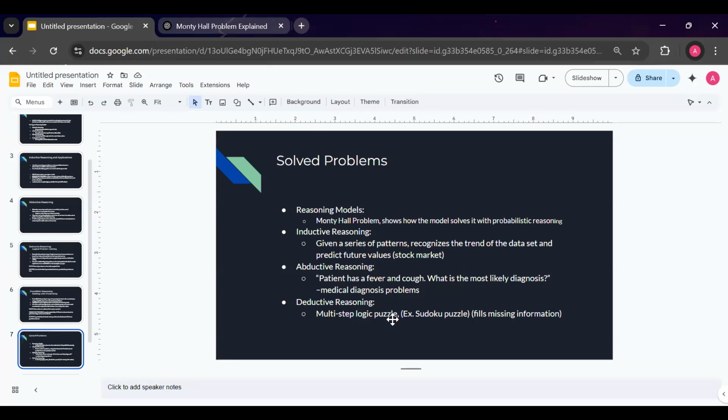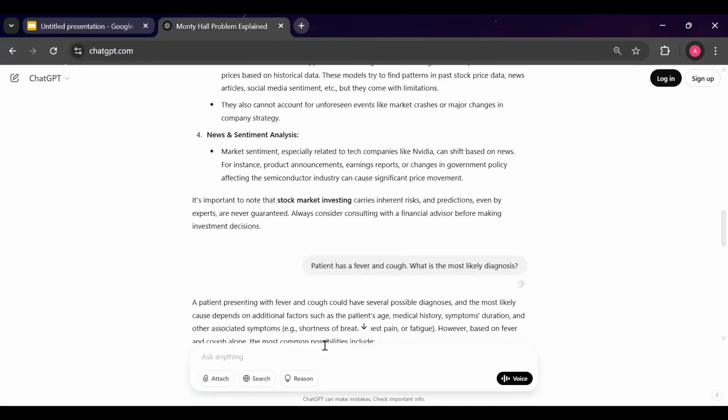And then we could just give it, solve the Sudoku puzzle. How can you solve the Sudoku puzzle with the missing information that is still needed?